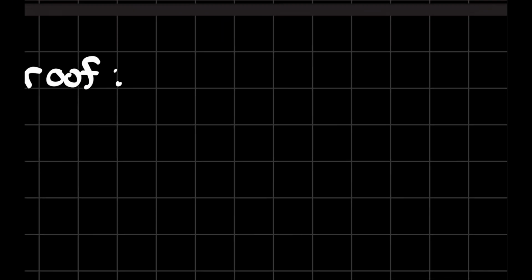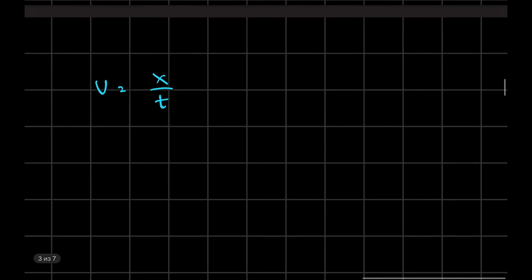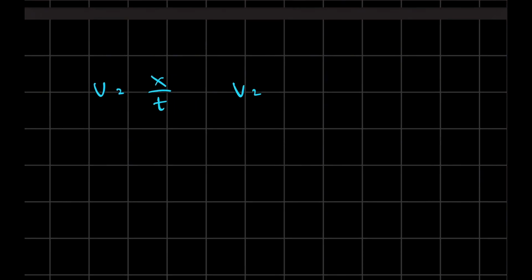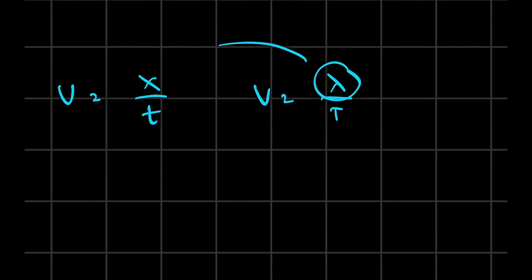We know this basic formula, which is velocity equals x divided by time, right? It's pretty easy. But also we can write velocity equals lambda divided by period, because when we talk about waves, we can apply lambda instead of x, and period instead of time. So this law still holds. It's the very same thing.